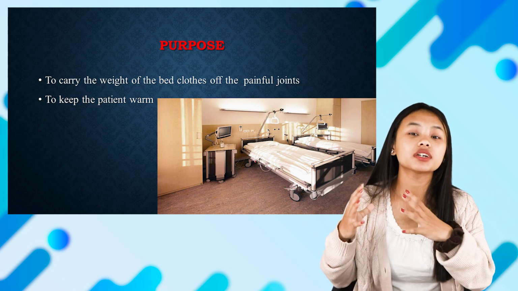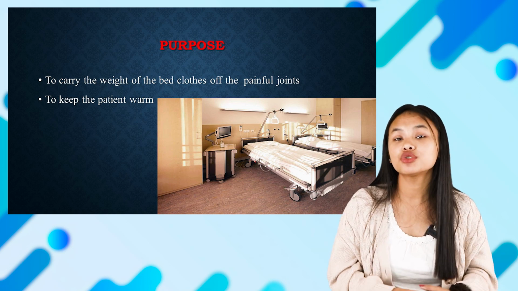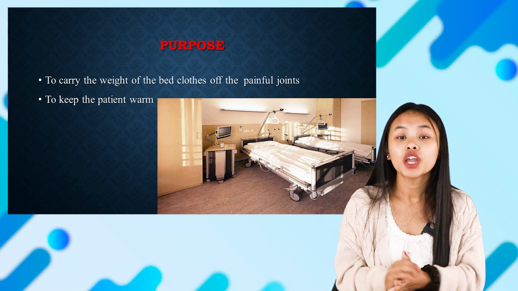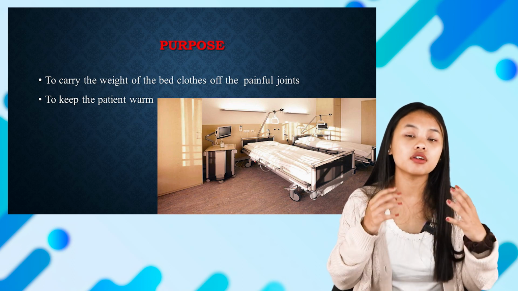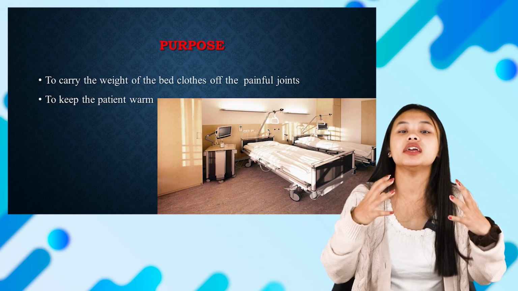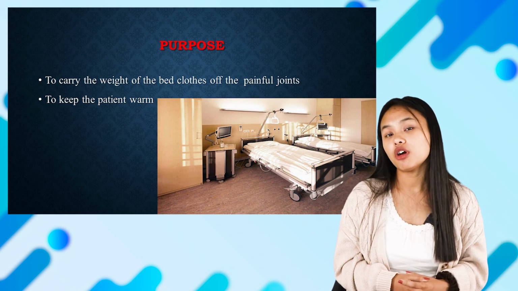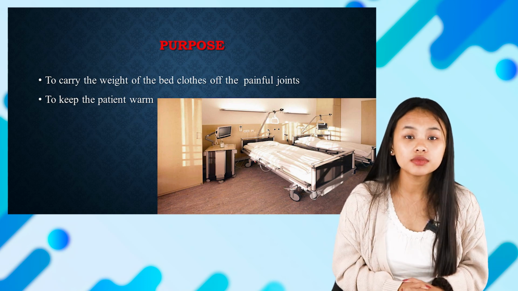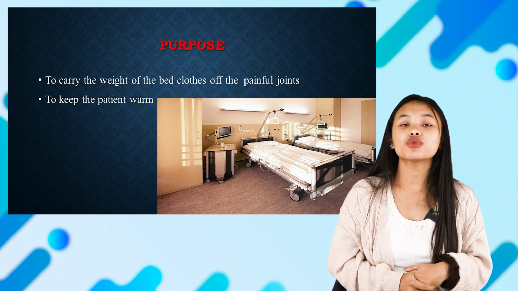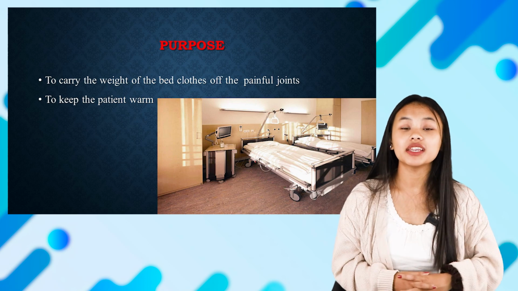It helps to keep the client warm, and it also helps to induce swelling. So this is why this therapeutic bed is being made and is being provided to these type of client.